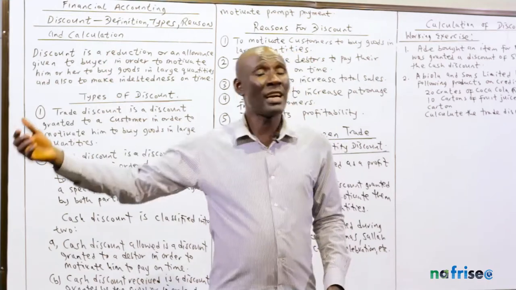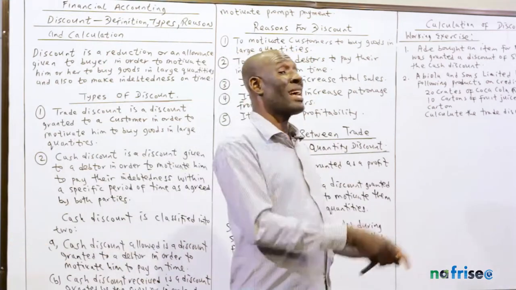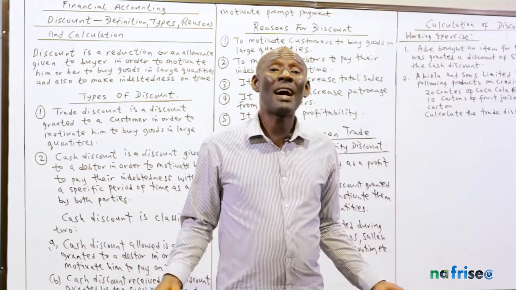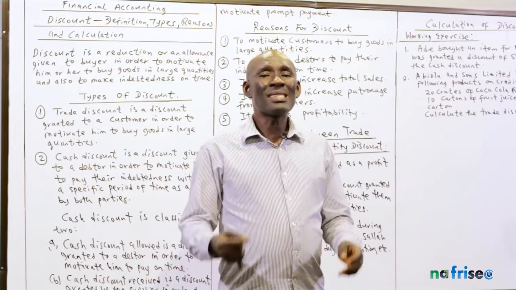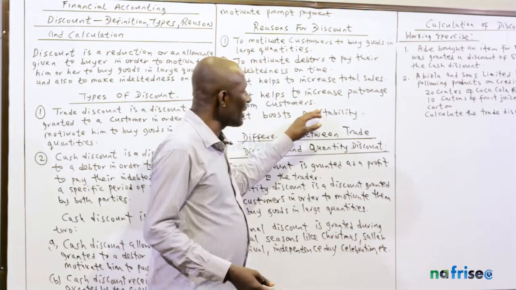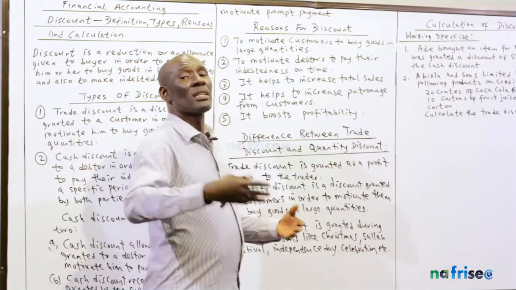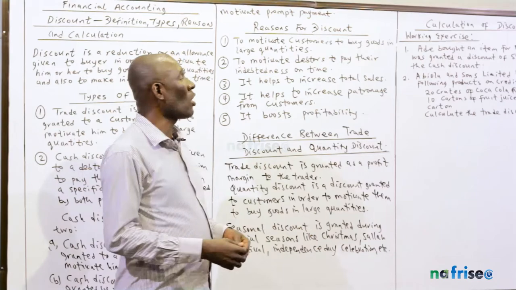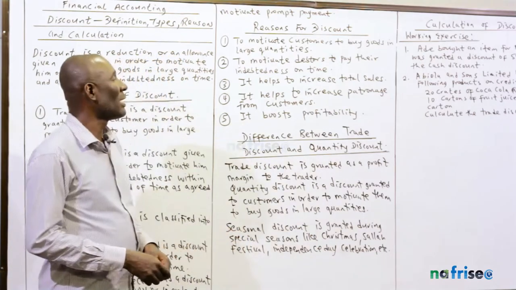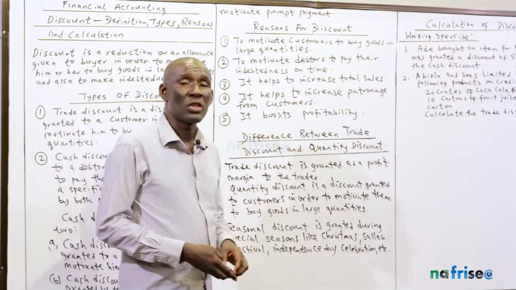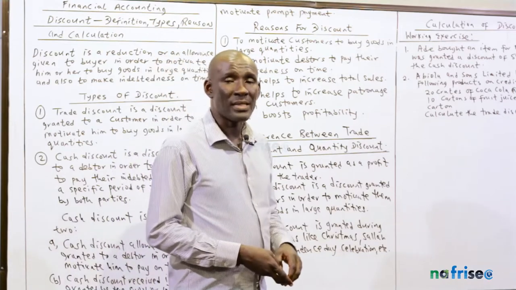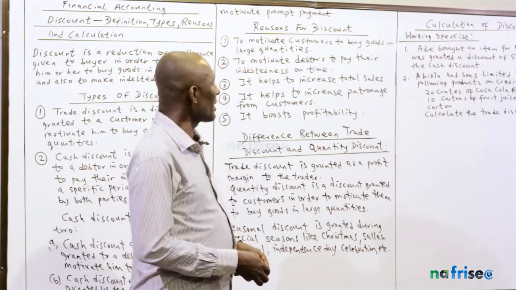They will even encourage their friends and family members to patronize you by virtue of the fact that you offer discount. So there's this thin line between patronage and sales. While sales is instant, patronage is something that lasts for a long period of time, especially due to the goodwill or good reputation that you have earned for yourself for offering a discount.